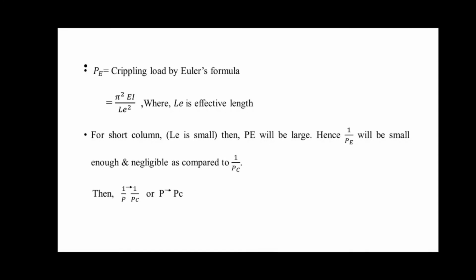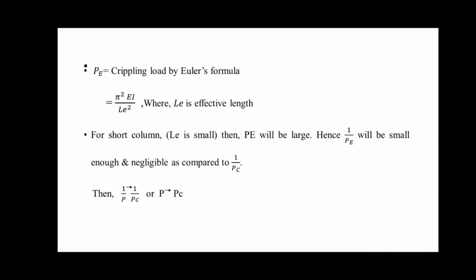Okay. Then if the column is short, which means that the value of Le is small, then the value of Pe will be large. Hence the value of 1 by Pe will be small enough and it is negligible when compared to the value of 1 by Pc.